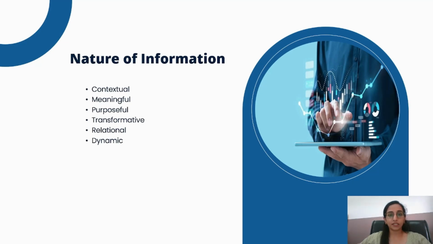So, information is not static or absolute. Its value and significance depend heavily on the context in which it is used. What is informative in one situation may be irrelevant in another. The context defines the boundaries and applicability of the information.